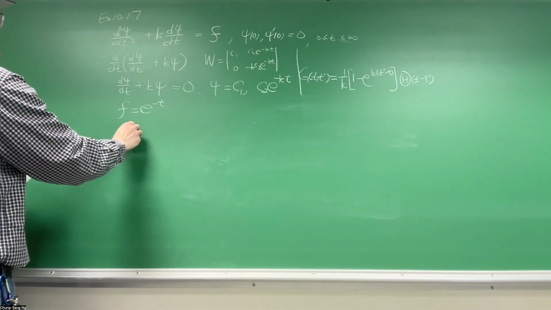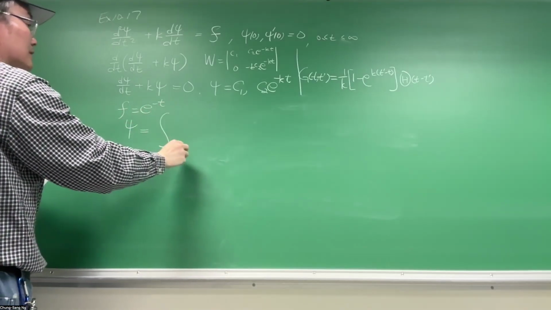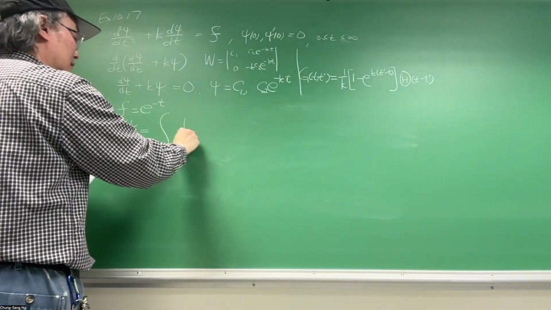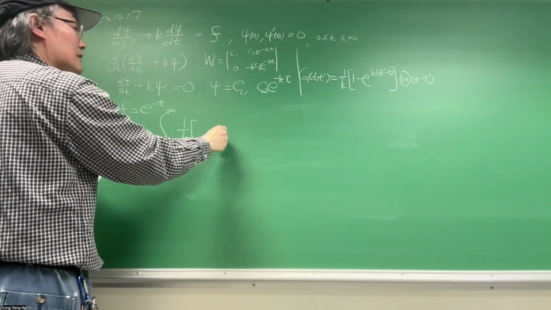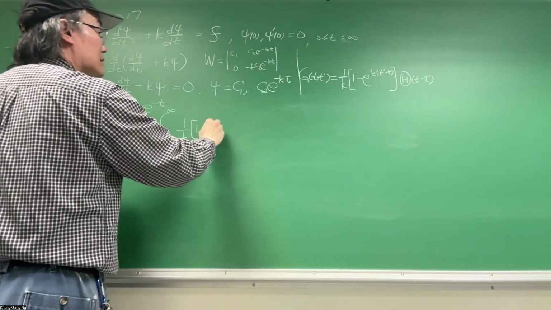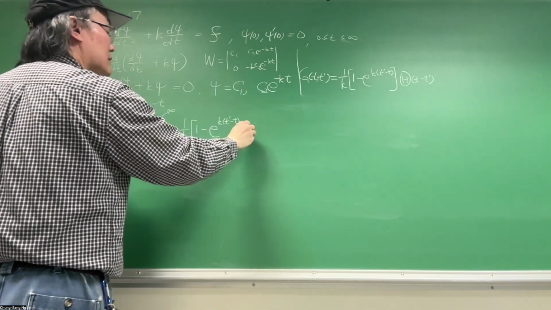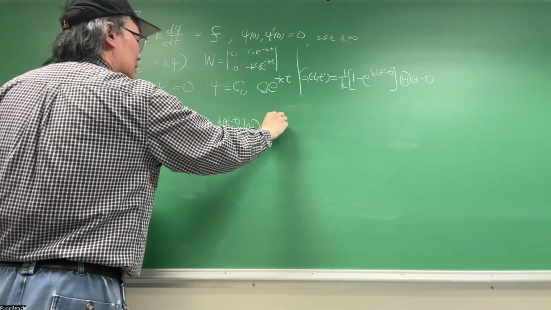Then you find a solution psi that's given by the integral of G(t, t prime) f(t prime). This goes from 0 to infinity, of 1 minus e to the k(t prime minus t), theta, minus t prime.